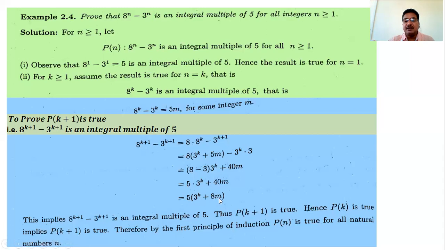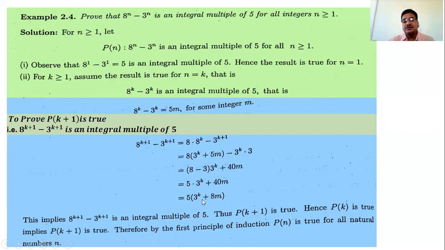And this bracket 3 raised to k plus 8m is an integer, because k is an integer, m is an integer, and an integer power of an integer is again an integer. That is, 3 raised to k is an integer, 8m is an integer, and the addition of two integers is an integer.